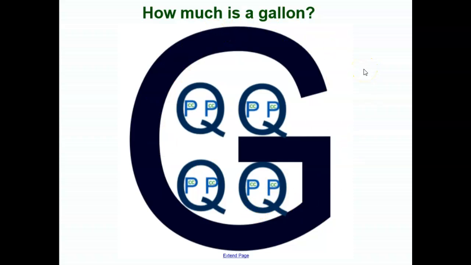It also helps you remember, well, in a quart, there are 2 pints. And in a quart, there are 4 cups. It also helps me remember that in a pint, there are 2 cups. So this really helps me remember the conversion of all of these customary units. How do they all fit together?